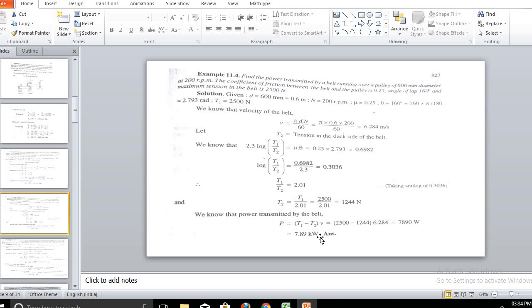In the power formula, power is equal to force into velocity. The linear velocity is the linear speed of the belt, v, which we calculate as pi D N by 60.